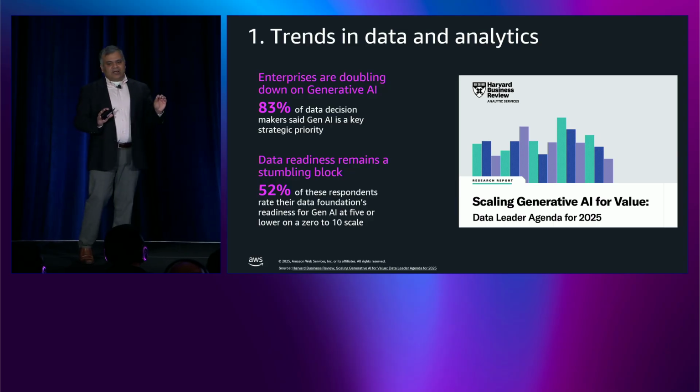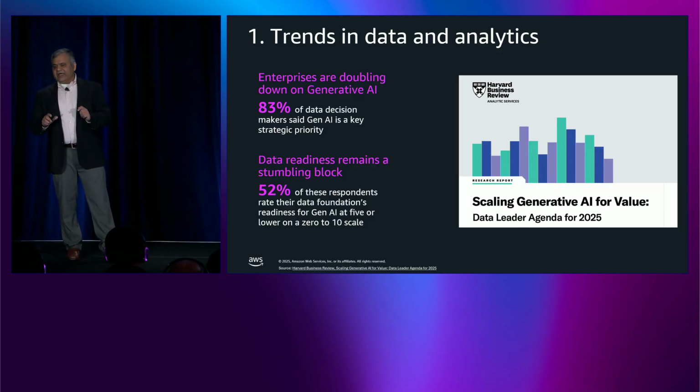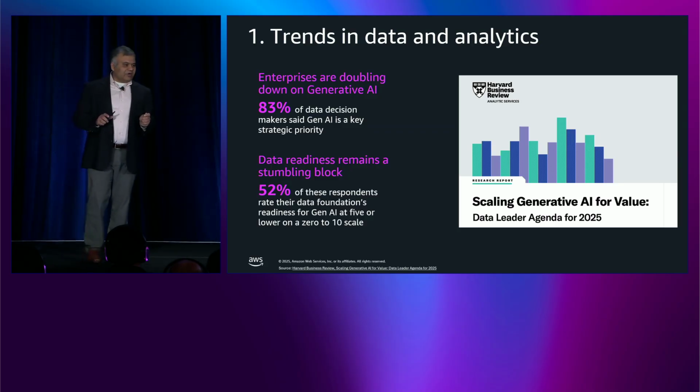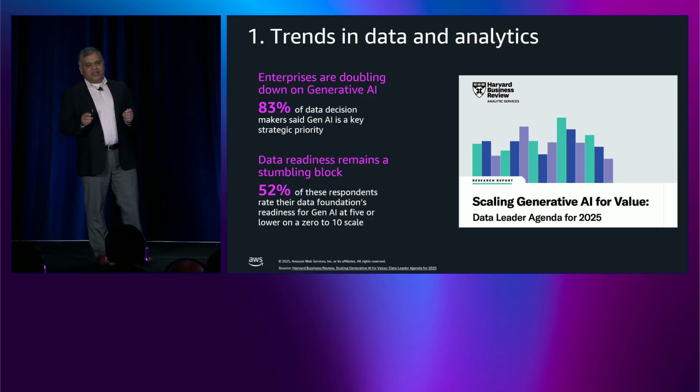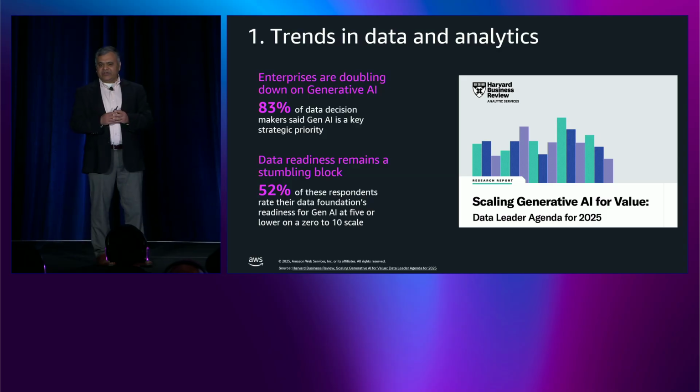So first of all, 83% or more than 8 out of 10 data and analytic leaders in that survey said generative AI and agentic AI are key strategic initiatives for their organization.